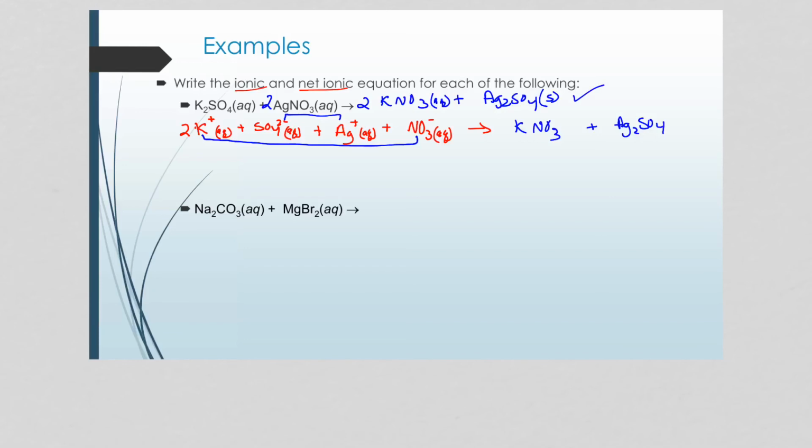Now we can finish our complete ionic equation. So I'm going to erase the potassium nitrate here and rewrite it in ion form, right? So 2K+ aqueous plus 2NO3- aqueous.